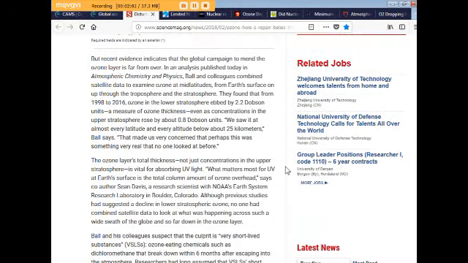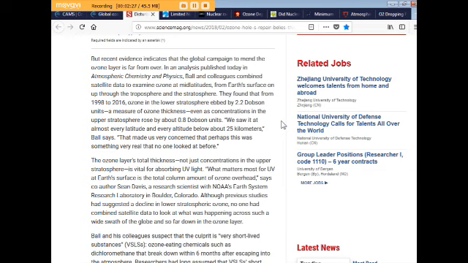But recent evidence indicates that the global campaign to mend the ozone layer is far from over. In an analysis published today in Atmospheric Chemistry and Physics, Ball and colleagues combined satellite data to examine ozone at mid-latitudes from Earth's surface up through the troposphere and the stratosphere.